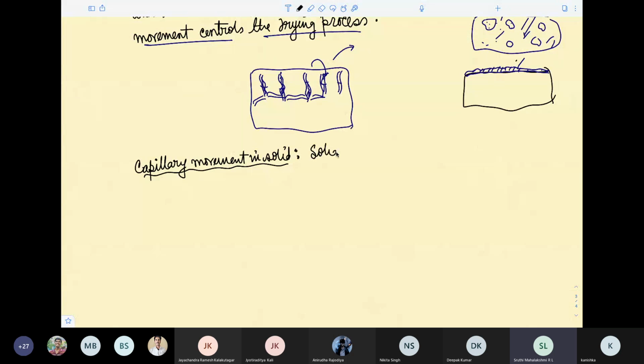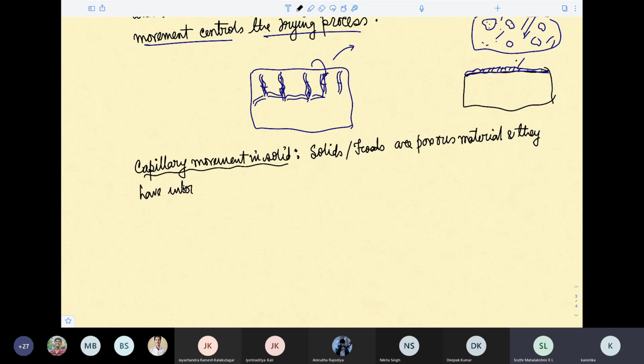Solids or foods, you can say, are porous material, and they have interconnecting channels and pores.